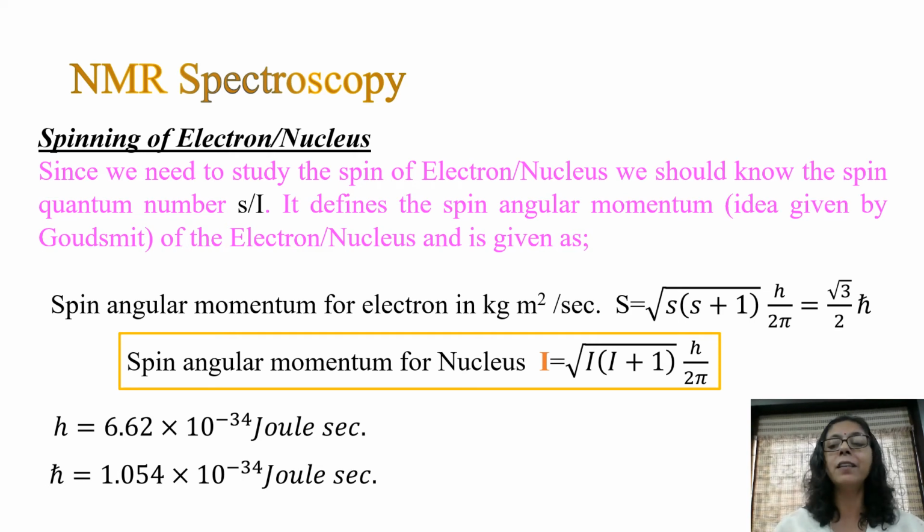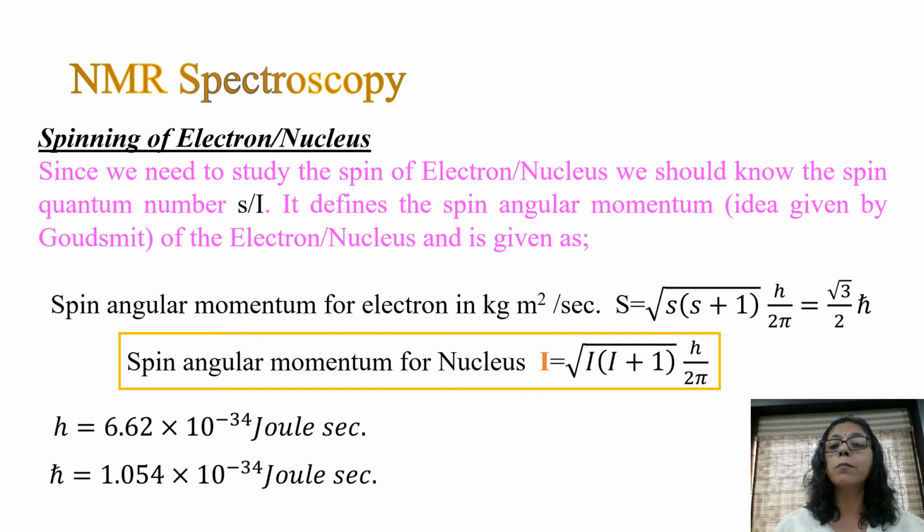And that is the reason why you might be remembering when we talked about the quantum numbers, the spin quantum number, or for that matter, the orbital quantum number, all these things we have been talking about in quantum mechanics, the vector atom model. Many of you might be remembering the third year physics. And since we need to study the spin of electron and nucleus, you should have a rough idea about the spin quantum number.